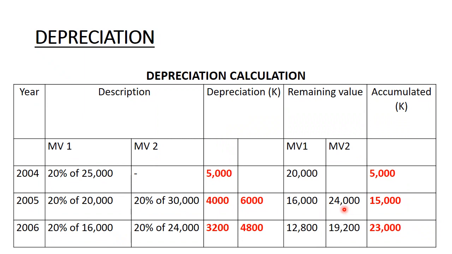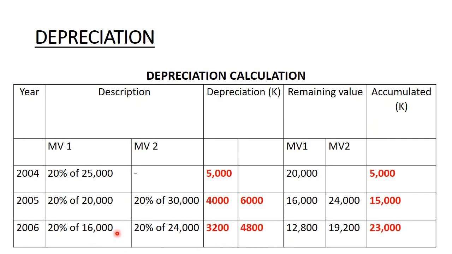Okay, we go to the last year, that is 2006. So the first motor vehicle, the current value as of 1st January 2006 is 16,000. By the end of 2006, it will lose value by 20%. 20% of 16,000 is 3,200.